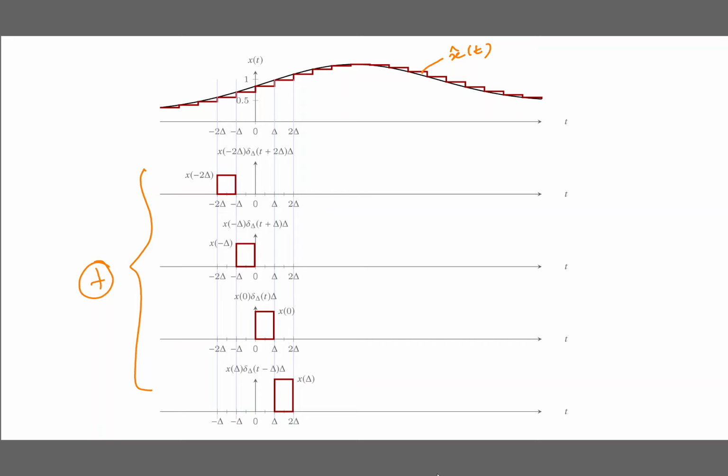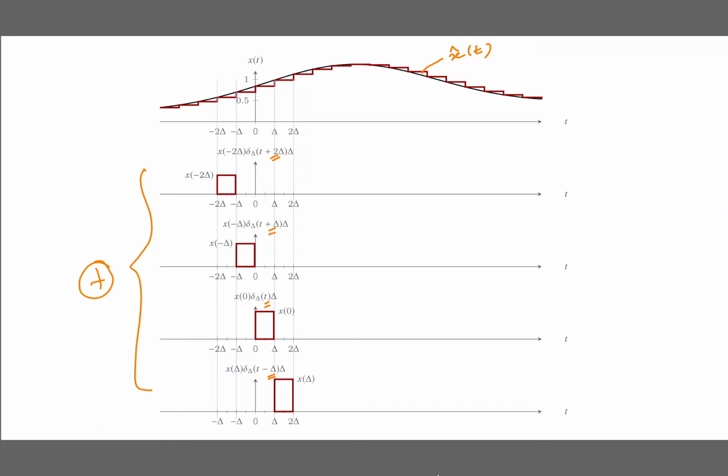Here you can see the numbers 2, 1, 0, minus 1 and so on. k changes, and we have to sum over that particular value k.